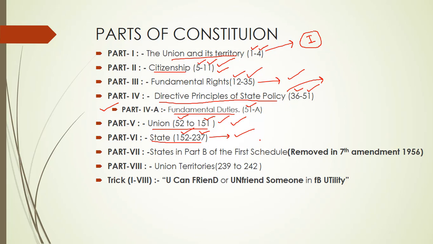Part 7 of the Indian Constitution, which is now no more and was removed by the 7th Amendment Act of 1956, consisted of Part B states. We'll discuss later how after the independence of India the states were categorized into Part A, B, C and D, and all the Part B states come under this part. Part 8 of the Indian Constitution deals with the Union territories, which goes from Article 239 to Article 242.